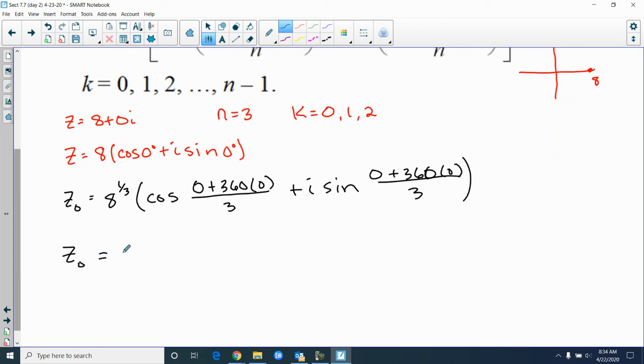So z sub 0 equals 8 to the 1/3, which is 2, cosine, this just becomes 0. This really doesn't change. Plus i sine of 0 degrees.